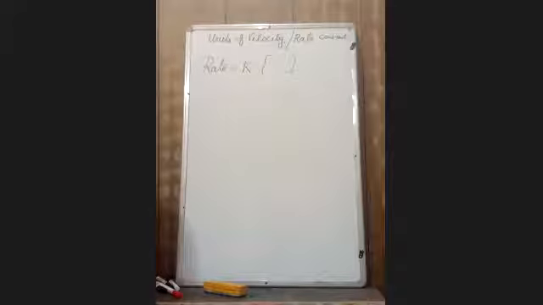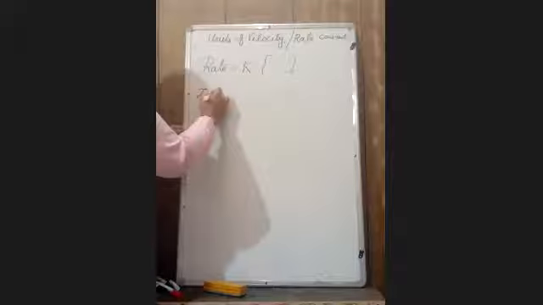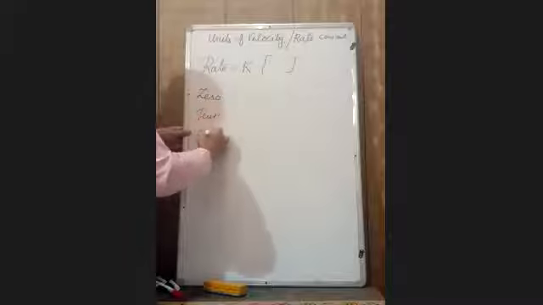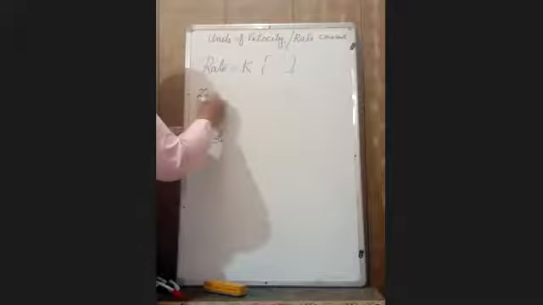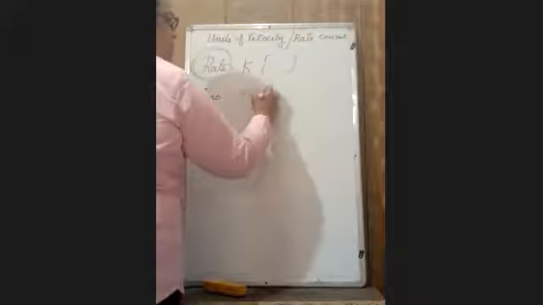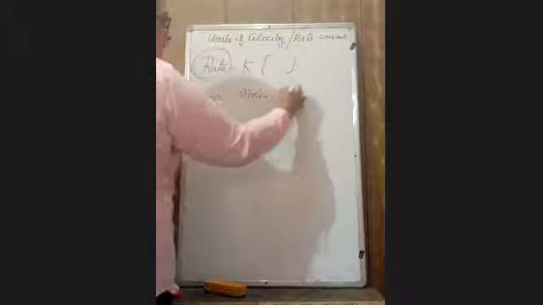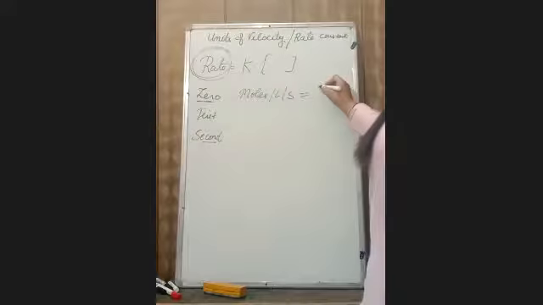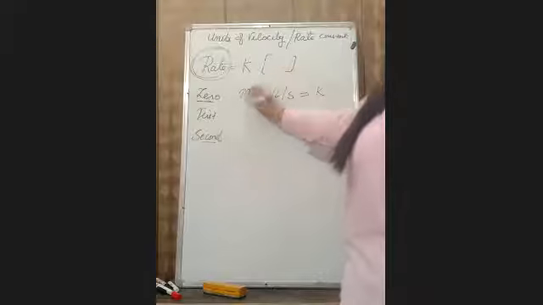Fine. Now, if it is zero order reaction, in your syllabus, zero, first and second order reaction are there. For zero order reaction, you know the units of rate. Rate is concentration over time. It will be moles per liter per second is equal to what? K. This is also concentration.